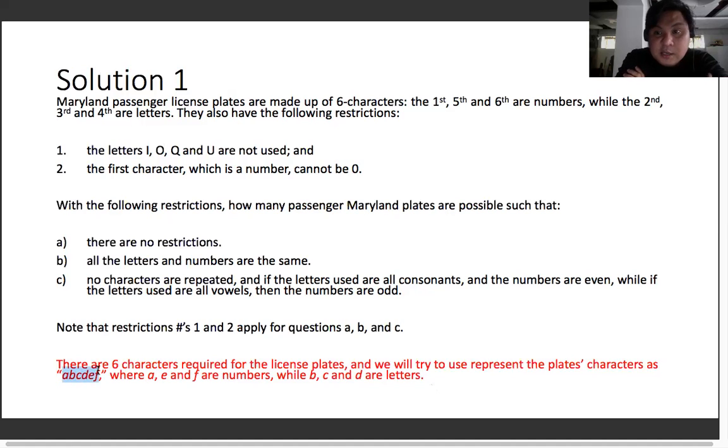A, B, C, D, E, F. Where A would be the very first character out of the 6 and F would be the last character. So A, E, and F stand for numbers, while B, C, and D stand for letters. Now let's go over the possible number of choices for each of these positions.